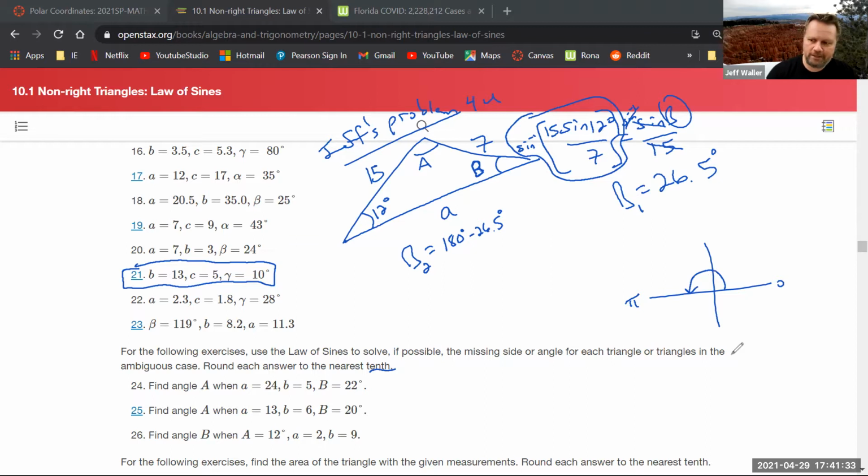So between 0 and 180 are all the possible angles in a triangle. Yes? So when I do inverse sine, the answer I get could actually be a reference angle over there. That's all this is. So what this other angle could be is just 180 minus what we got.